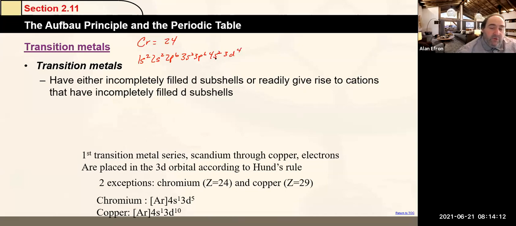And this is probably normally how you would write the electron configuration if you followed that zigzag back and forth guy that we've been using.